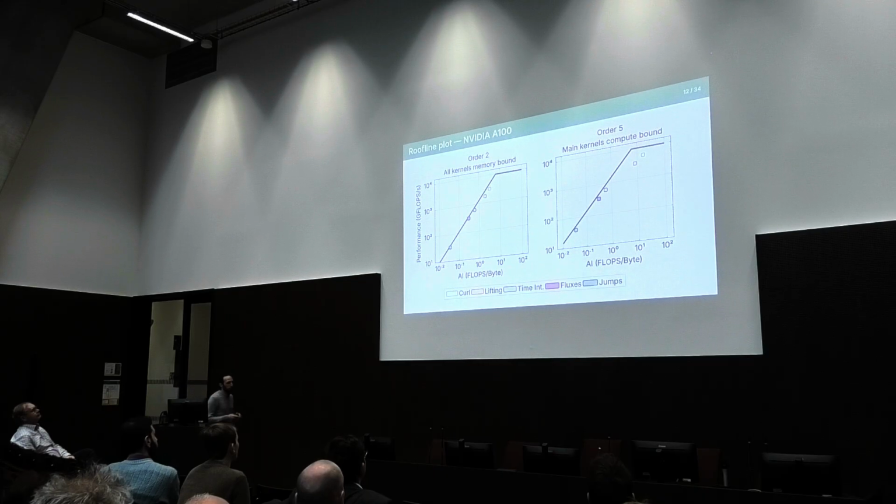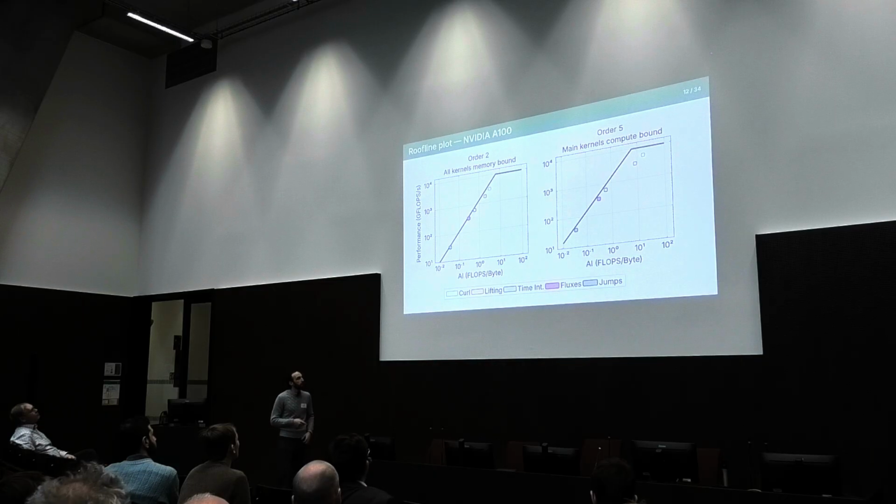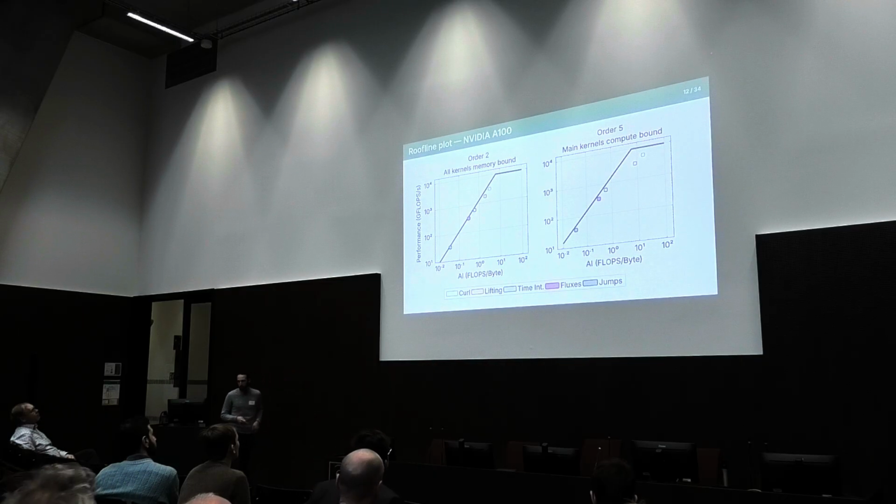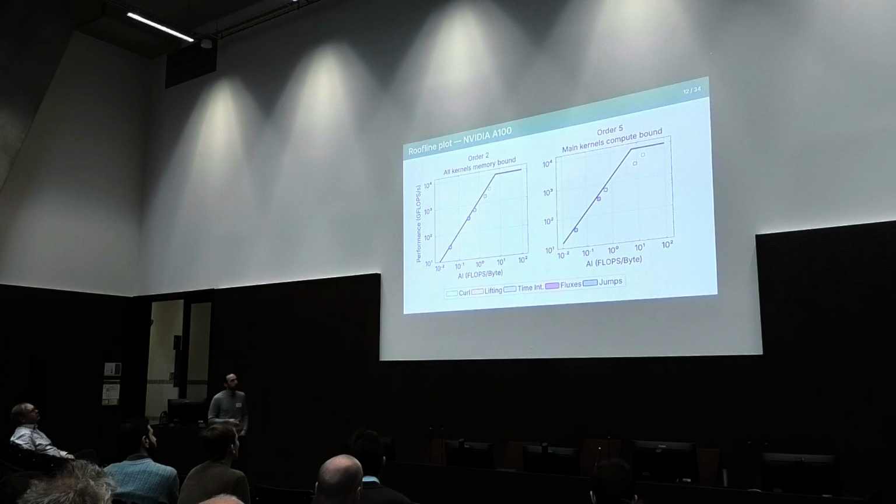The speedup we have between the CPU and the GPU varies depending on the order, because we have different behavior in what our kernels can achieve at different orders.